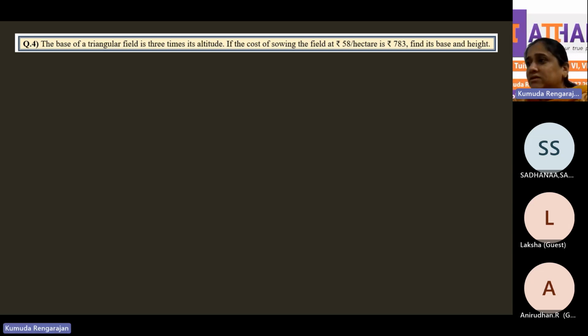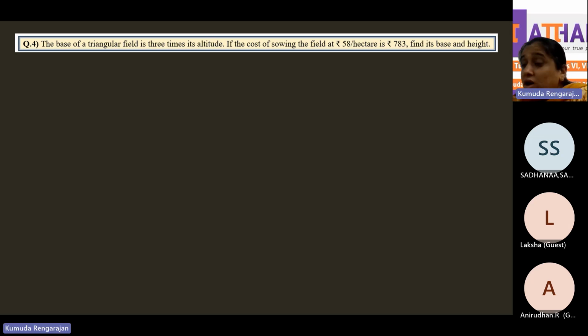How do I know 10,000 meters square? Because it's given rupees 58 per hectare. Per hectare means for 10,000 meters square, the cost is only 58 rupees.